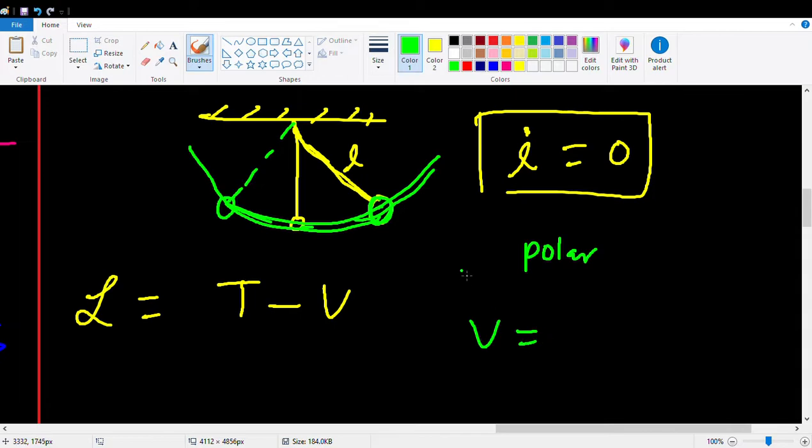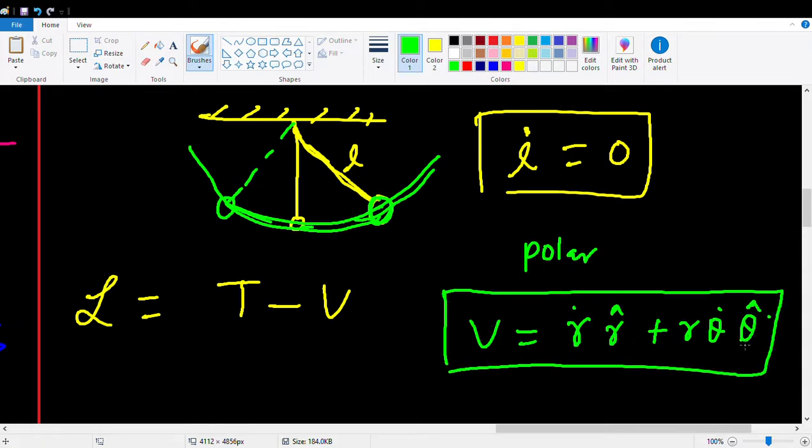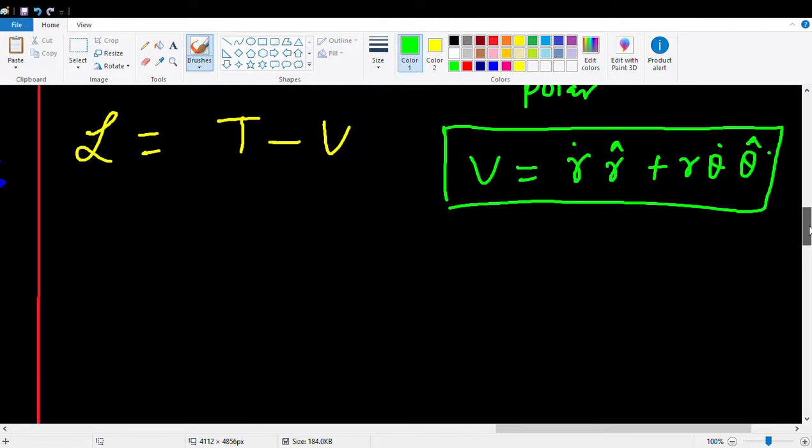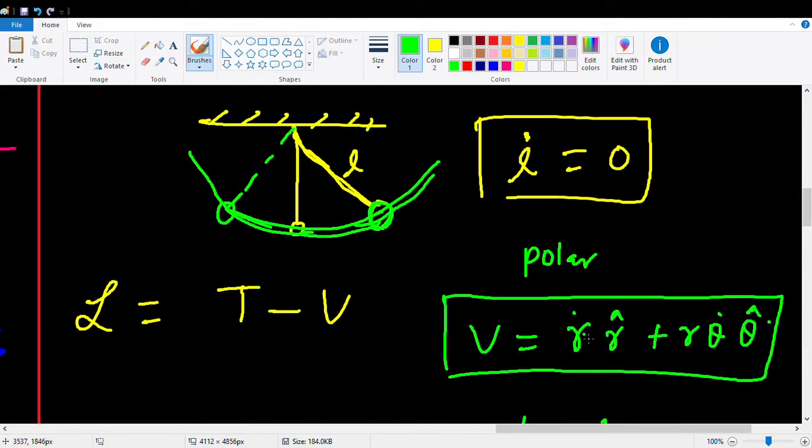Now, the velocity in the polar coordinate system is r dot r hat plus r theta dot theta hat. Now, kinetic energy is nothing but half m v squared. Here, what is r dot? R is the radius of this object. The radius of this object is given by L, and this L is fixed. It is not changing with time, which I have shown you here.